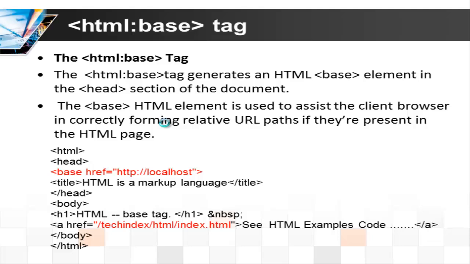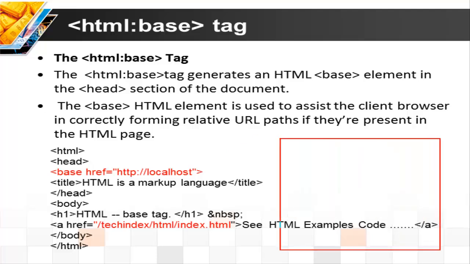Okay, the next one is the base. You can use HTML base. I'm not very sure whether you have used it, but if you have created an applet, you might have used something called base. What is the use of this base? Whenever you are using a page, you will notice it's a relative reference.